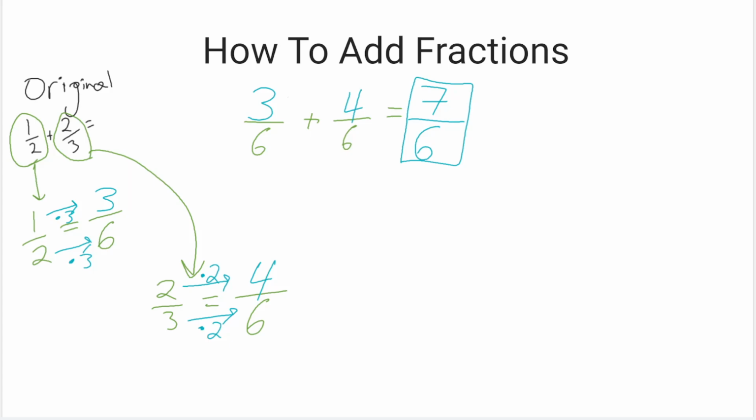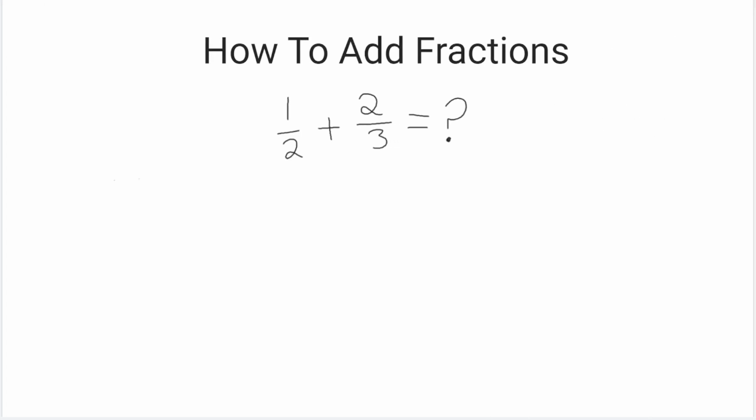Now I'll go ahead and write it out in a nice cohesive slide so we can see each step itself. So there was our original problem, 1/2 plus 2/3. Didn't know what that equaled. Well, first thing we did was we changed our denominators into a common one, which was 6.